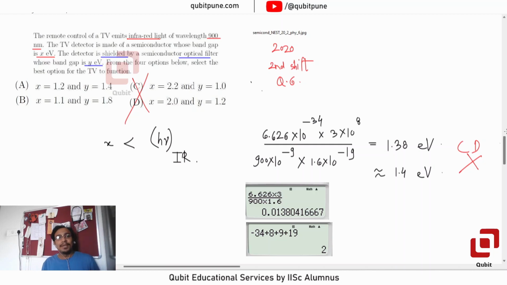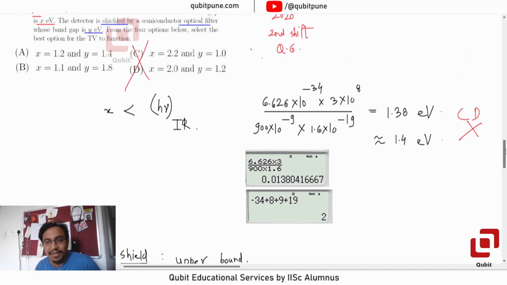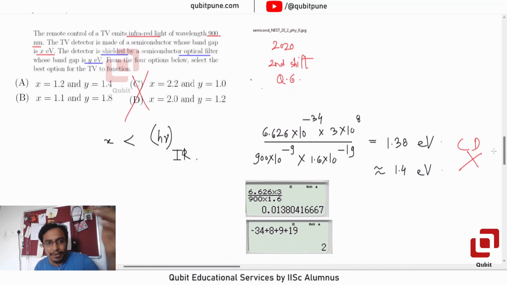Here is how. Now look, let's go to that shield part. For the shield part we can argue like this. Shield is usually the upper bound. Do you realize that? So beyond that it will not permit.